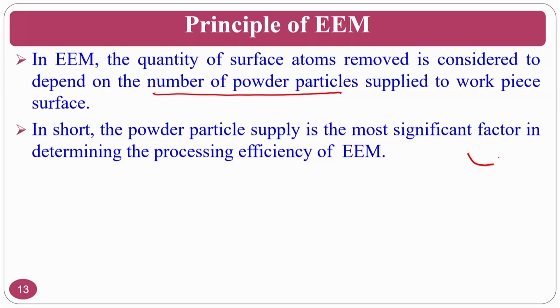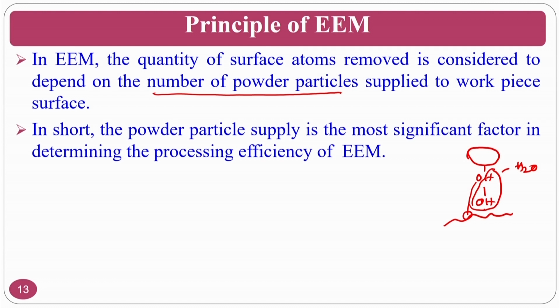That means the abrasive particle will form OH bonding with the OH bonding of your workpiece surface. So, this will go as H2O, and the remaining oxygen will bind to the atom of the surface and it will remove. Okay.